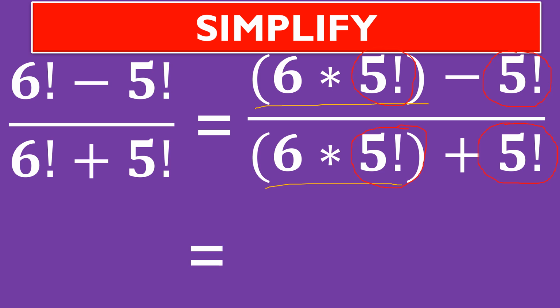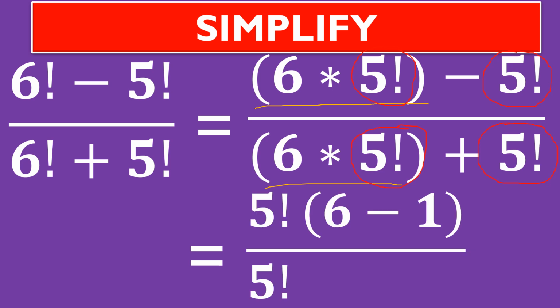Let's see how this looks once we bring out the 5 factorial, both at the top and base. Now when we factorize 5 factorial out from the numerator, that is from the top, we are now left with 6 minus 1. And then when we factorize the 5 factorial from the base, we are now left with 5 factorial into 6 plus 1.